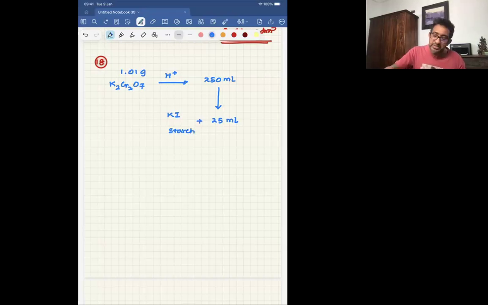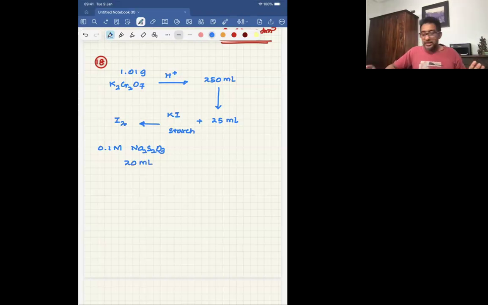The liberated iodine was titrated with 0.1 molar sodium thiosulfate, and the starch turned colorless after adding 20 milliliters.